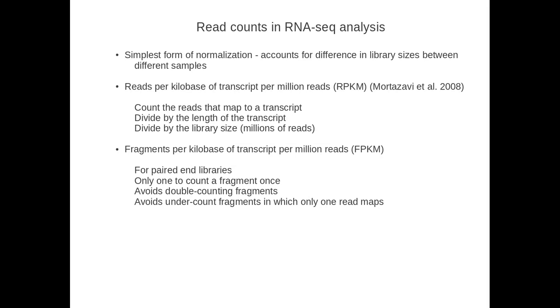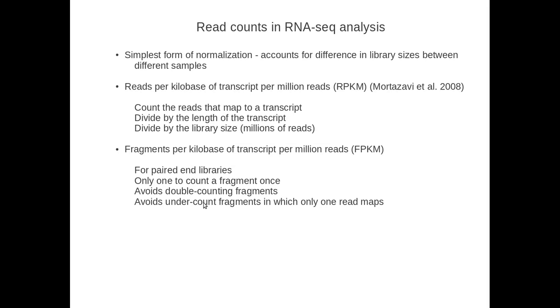We really would like to only count one end, because that represents the number of mRNAs where that fragment came from. Each mRNA in principle is tagged once, but if you have sequenced that mRNA twice, once on either end, then you're doubling your count. So it is necessary to switch to FPKM, because it avoids double counting.